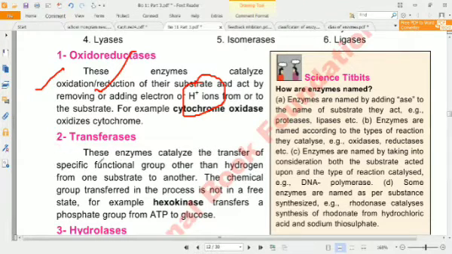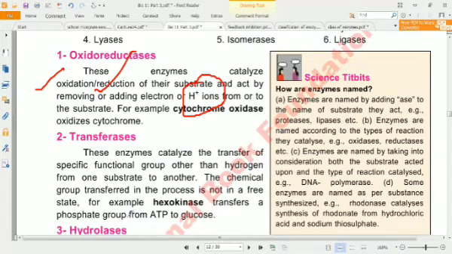The name tells you that these enzymes catalyze reactions in which functional units are transferred from one molecule to another molecule. For example, hexokinase does its function in respiration.